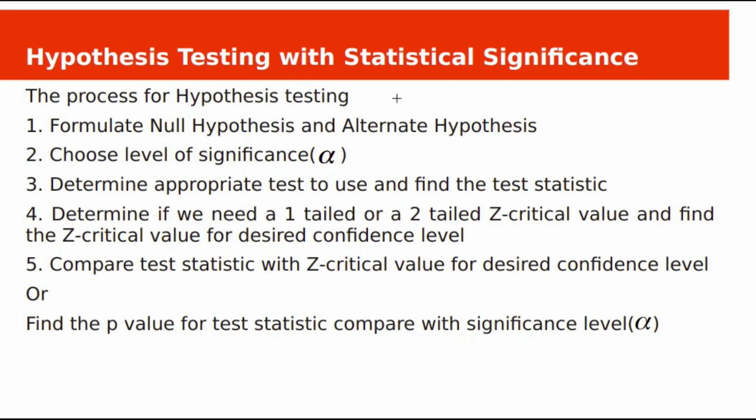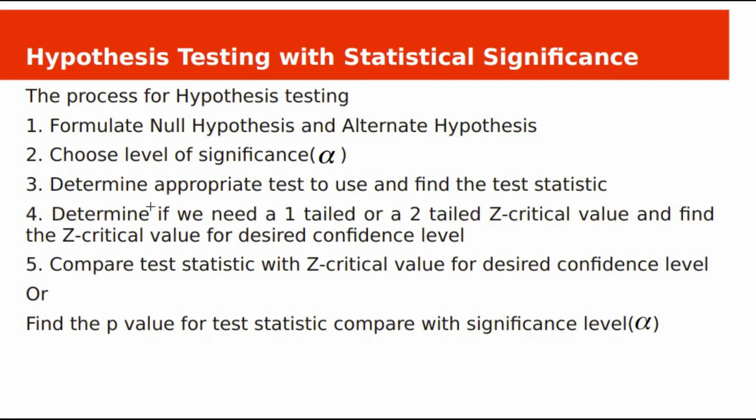Hypothesis testing with statistical significance. Hypothesis test can be done by using statistical significance and with confidence intervals also. This is most widely used method, statistical significance. There are 5 steps involved in this hypothesis testing with statistical significance.